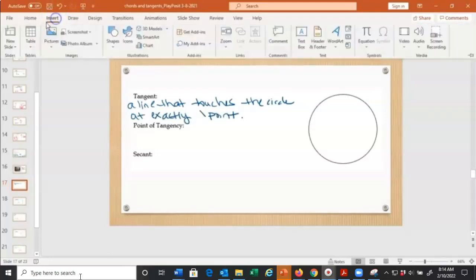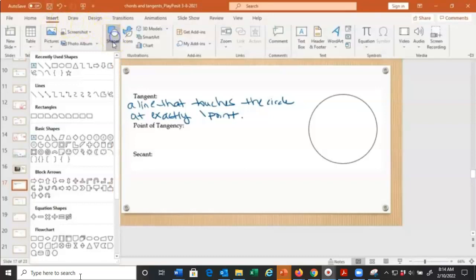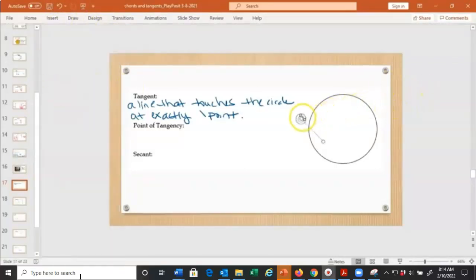So let's draw a tangent line. I'm going to get an actual line so I can make it look pretty, hopefully. Oh, look, okay. I didn't think it was going to let me move the line. I'm going to put it here.